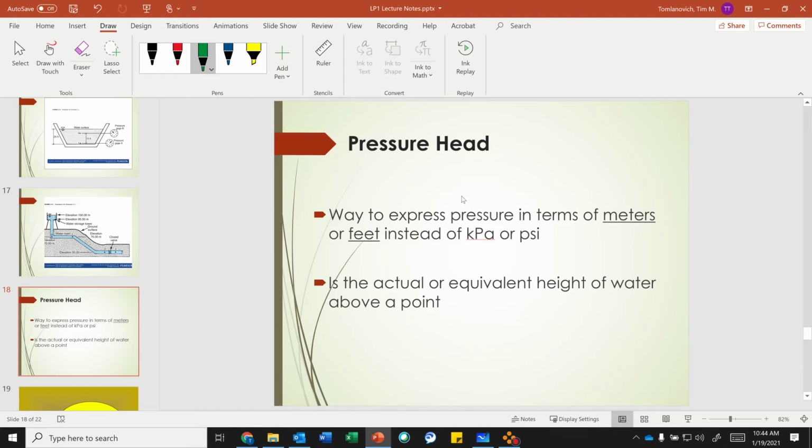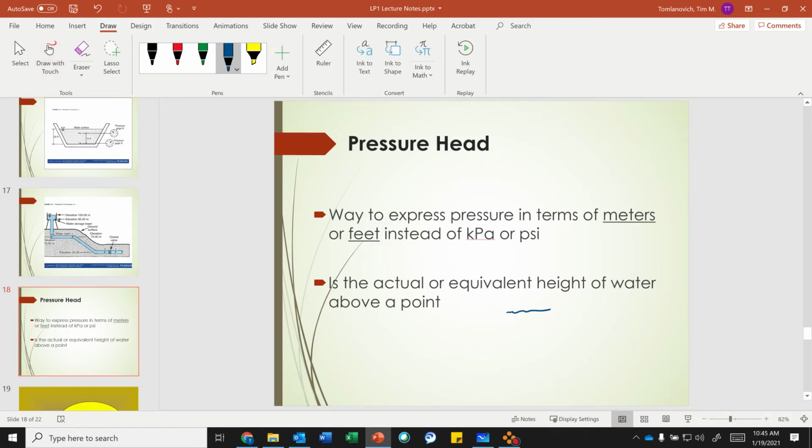Okay. So, what does pressure head mean? We use this in geotechnical engineering, and a lot of applications. It's called a piezometer. Sometimes we want to know where the pressure is.